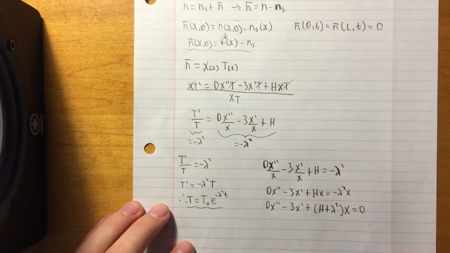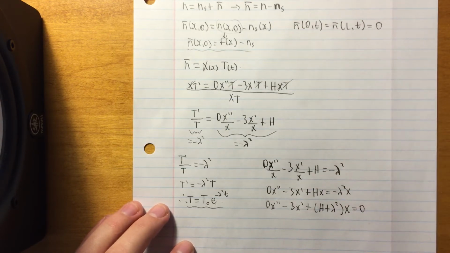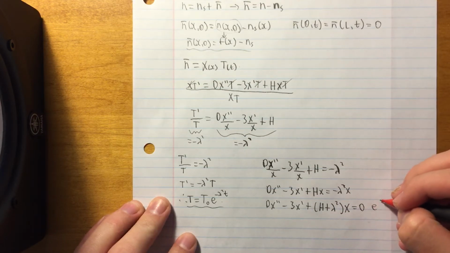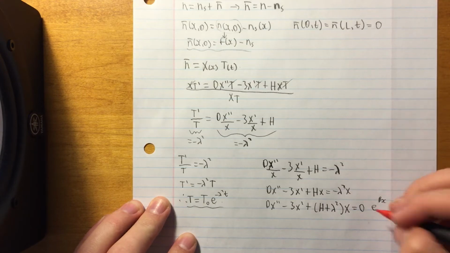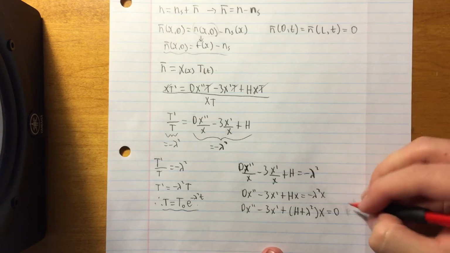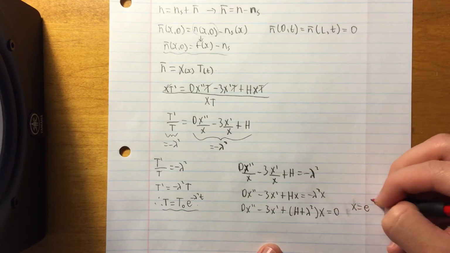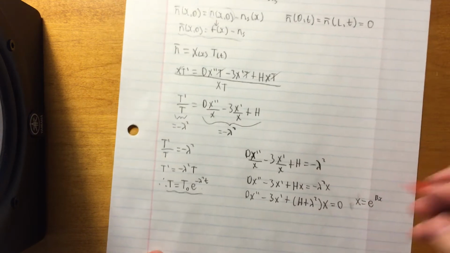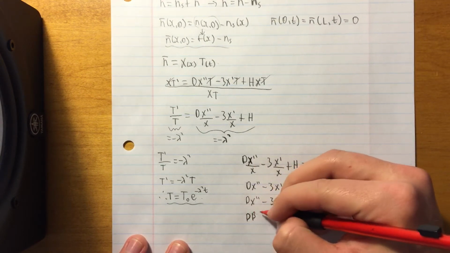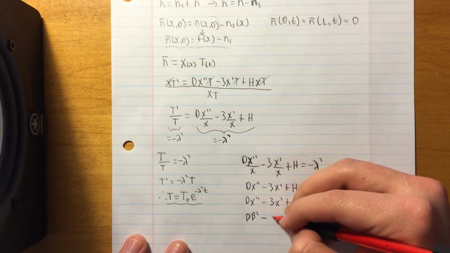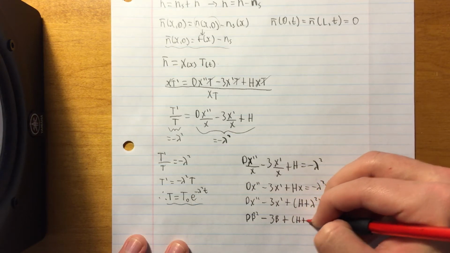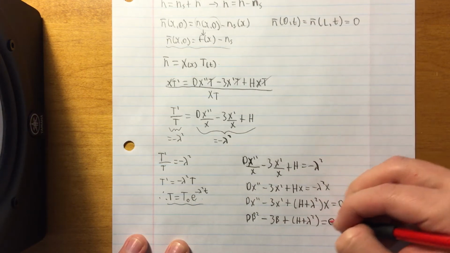Okay, great. So now we have this equation, and again, we can find the characteristic equation of this using an ansatz of e to the beta x this time. So we'll say x equals some e to the beta x. And by plugging that in, we're going to get d times beta squared minus 3 beta plus h plus lambda squared equals 0.